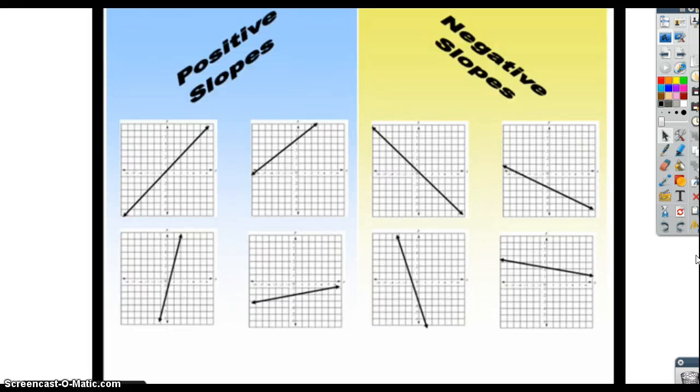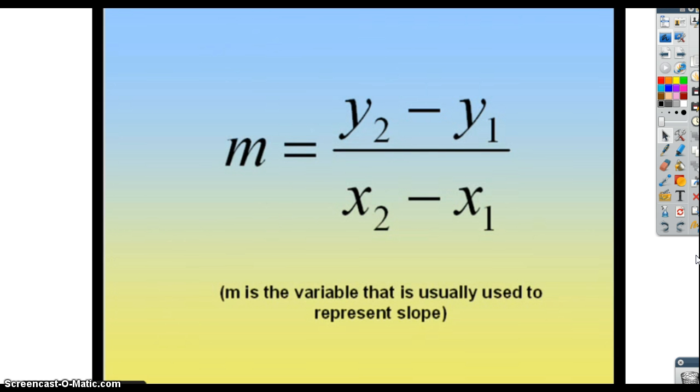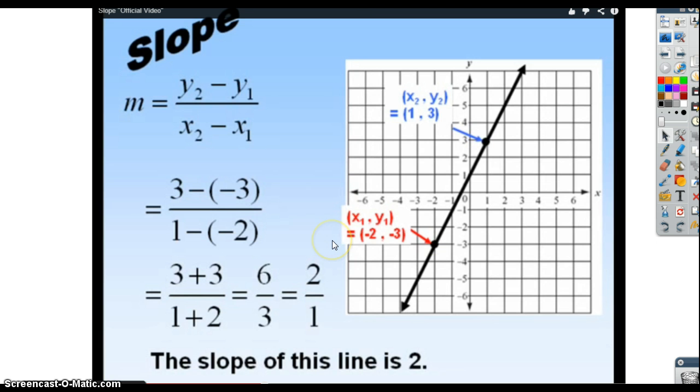As the line moves from left to right, positive slopes go up, negative slopes go down. Y2 minus Y1 goes in the numerator, X2 minus X1 in the denominator. Slope.